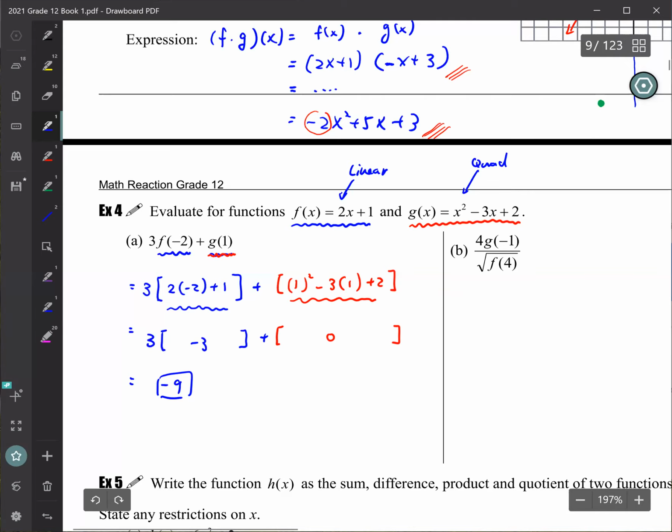This time is on your own. When you finish question B, you can raise your hand and then we'll compare answers.